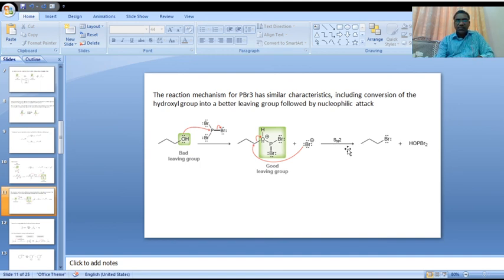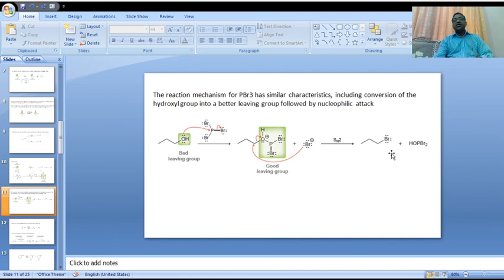Is it clear? The Br minus nucleophile attacks that carbon, with immediate loss of the leaving group. Phosphorus Br2 and OH minus are bonded with the phosphorus.